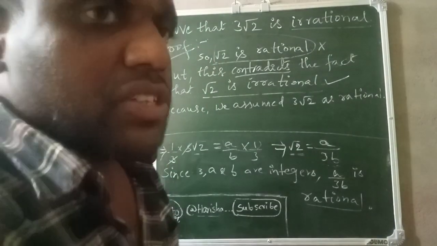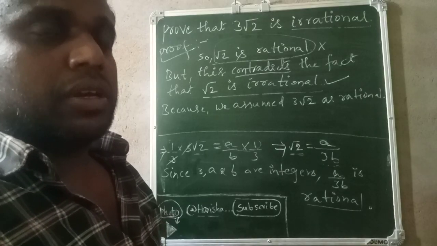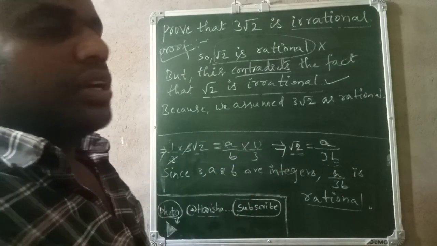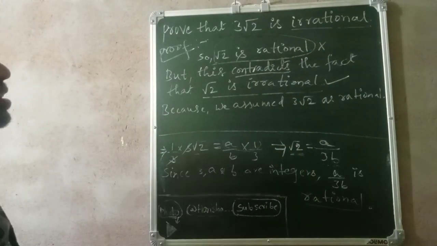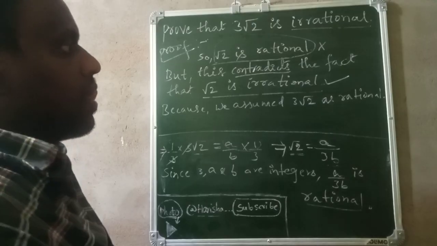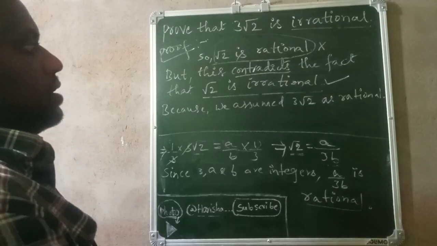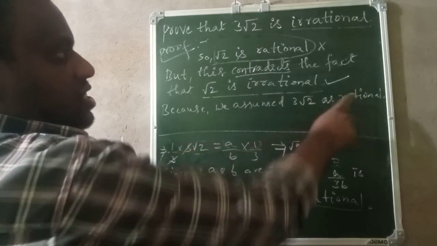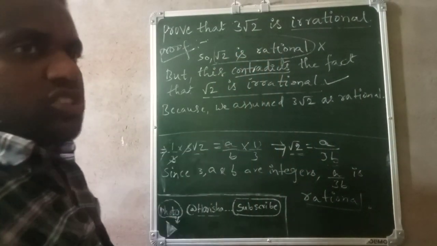In the beginning, in the first step, I assumed, right, 3 root 2 as rational. Because of that assumption only, we got this wrong statement. Okay? You got it, right? In the beginning, we assumed this as rational. So because of this wrong assumption, we got this wrong statement.